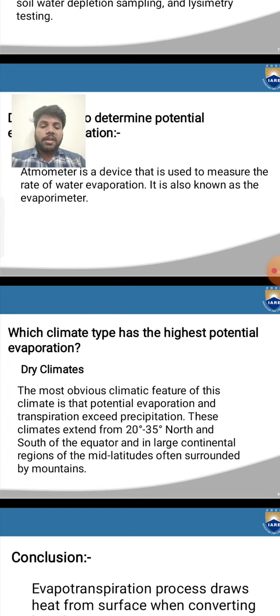There is a particular climate in which the rate of potential evapotranspiration is high. That is, in dry climates, the rate of potential evapotranspiration is high. Because of 20 to 30 degrees temperature, the evapotranspiration rate will be high.